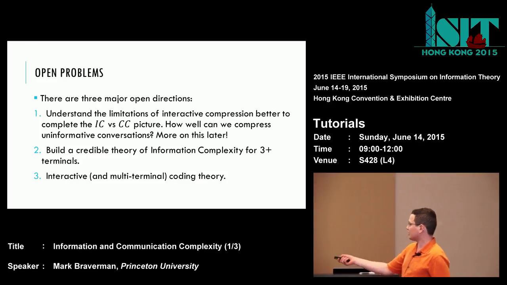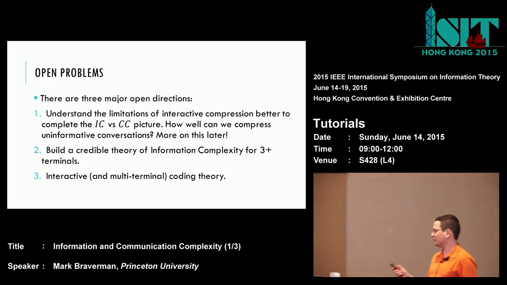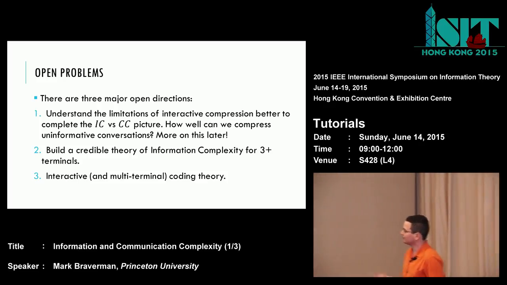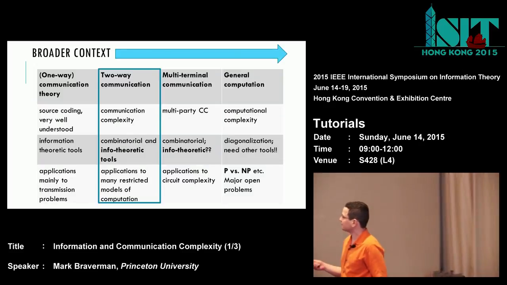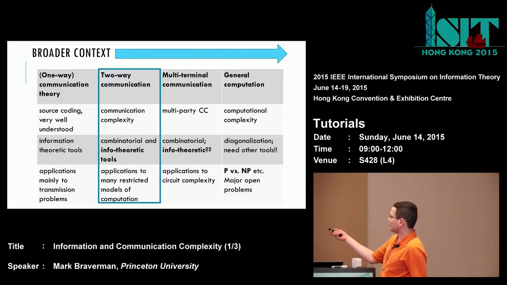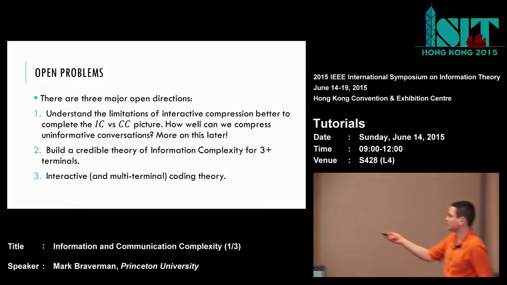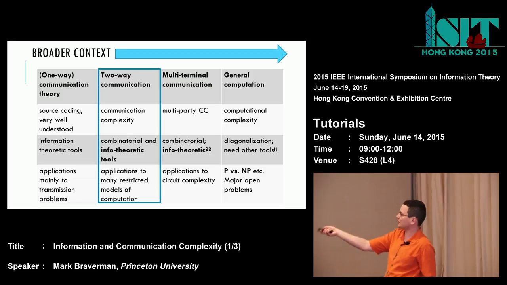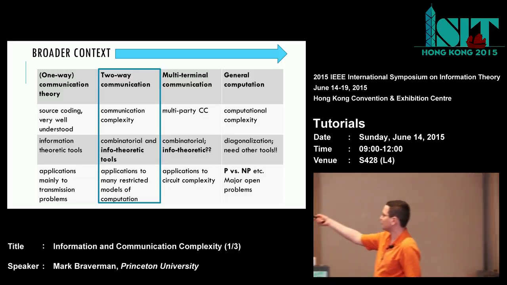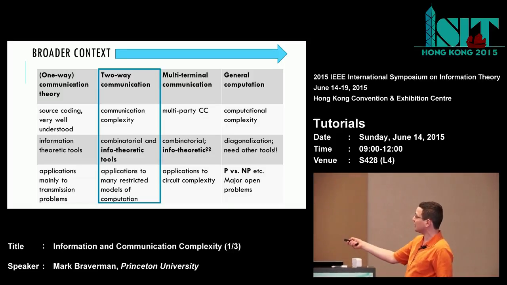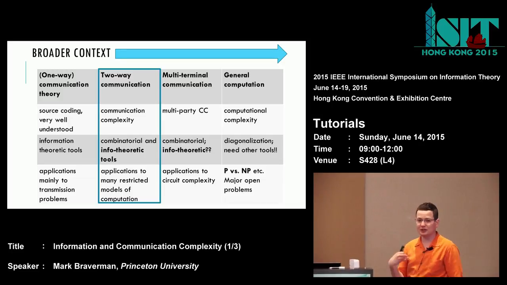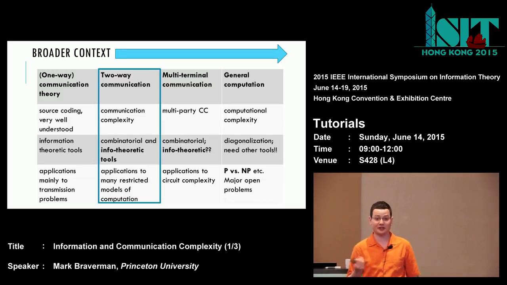And the third direction that I'll talk briefly about is interactive coding theory. Remember in this picture, I'll talk about multi-terminal information complexity first. Where it fits in this picture is moving from two-way to multi-terminal communication, and in particular seeing whether information theoretic techniques can fit in there.